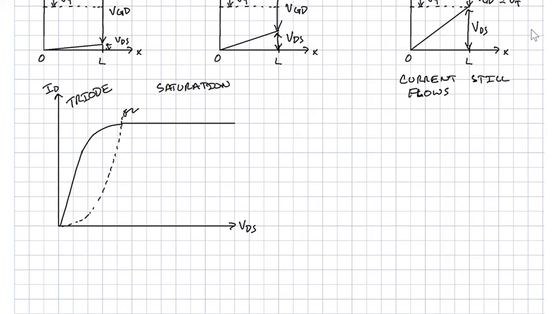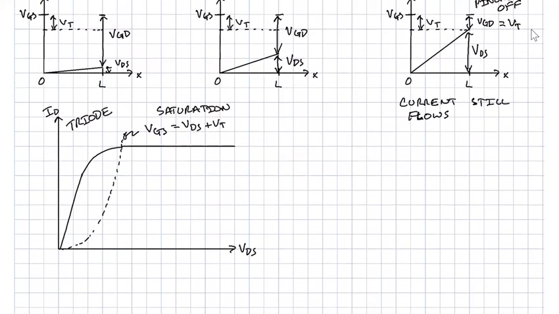And so what really happens there is that VGS is equal to VDS plus VT. And that's what we've drawn here. So VGS, the full voltage, is equal to VDS plus VT. What that means is we can rearrange a little bit, and it will be the criteria that we use to determine which side of the boundary we're on.